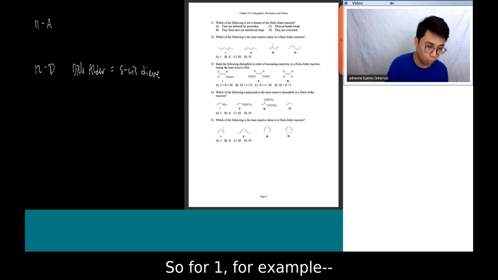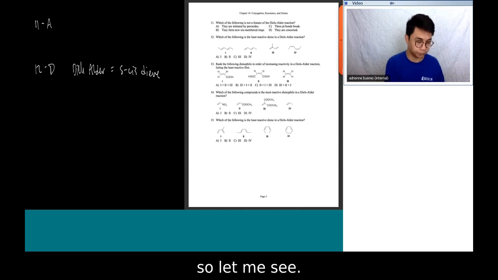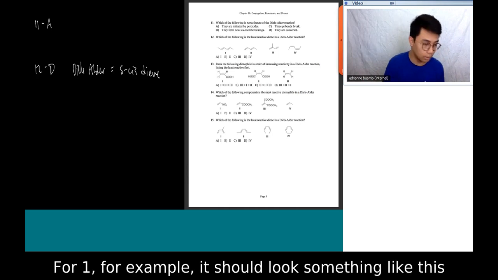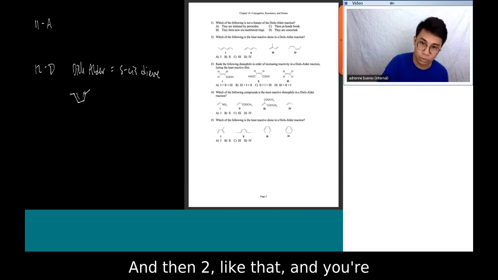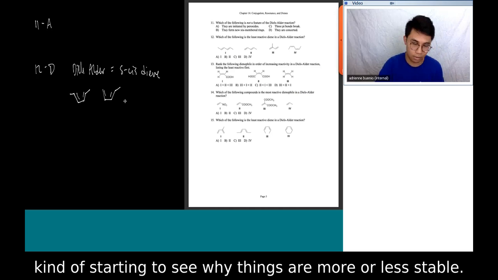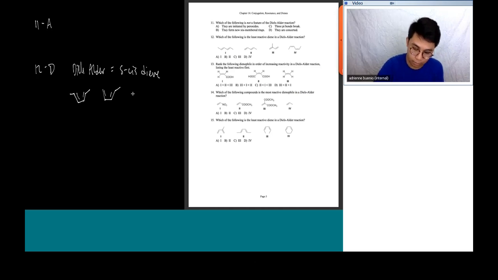So for one, for example, it should look something like this once you twist it, right? And then two, like that, and you're kind of starting to see why things are more or less stable, right?